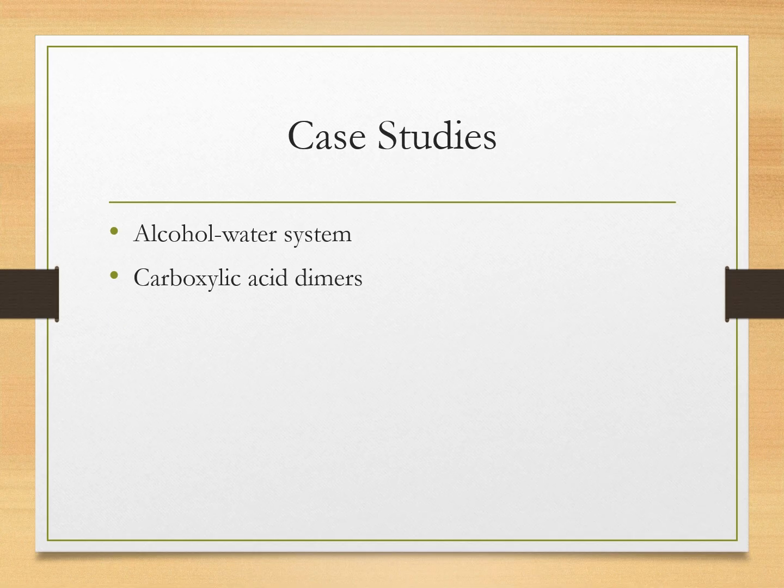Now we can discuss all these points with two common examples which will illustrate the hydrogen bonding behavior. We can take the example of the alcohol-water system. In this case, it shows continuous shifts depending on the ratio of alcohol to water.